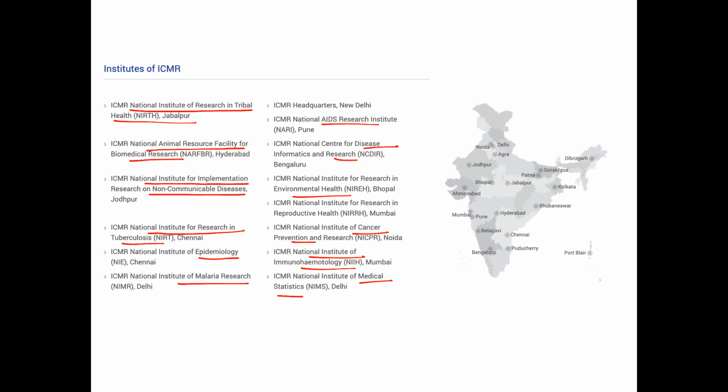And in this map you can see where these institutes are located, like Noida, Delhi, Agra, Jabalpur, Bhopal, Ahmedabad, Mumbai, Hyderabad, Chennai, Pondicherry, Bhubaneswar. They are situated all over India. So depending on your region, or depending on your priorities, you can pick any of the institutions and you can apply to these institutes for your PhD program.